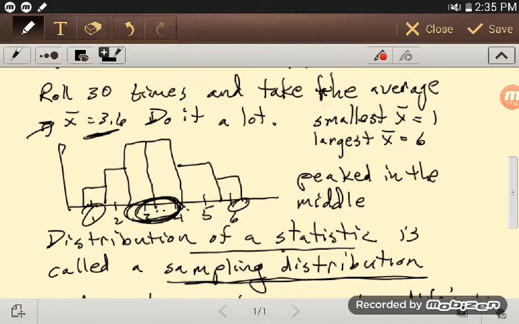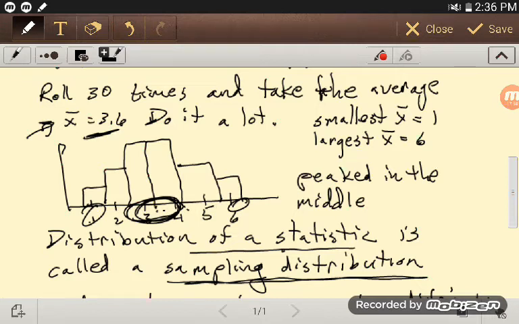But again, just think about that. When have you seen somebody roll 30 ones in a row? So how am I going to get a low average if I can't roll lots of ones? How am I going to get a big average like 6 if I can't roll lots and lots of 6s? Because I probably won't. We just haven't seen that.